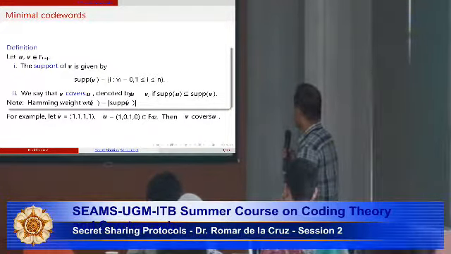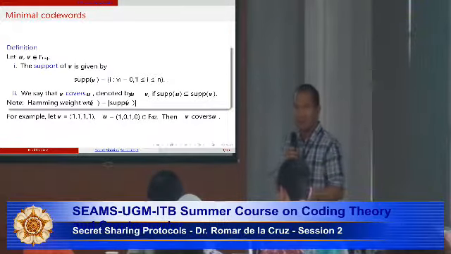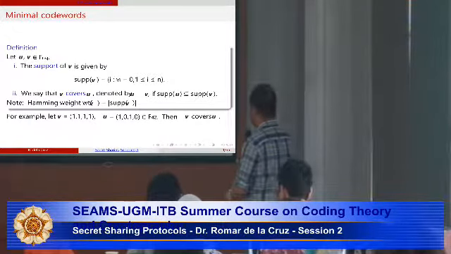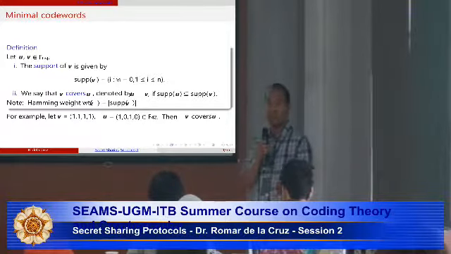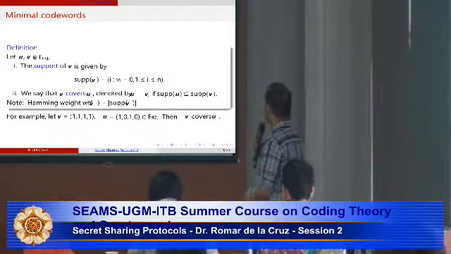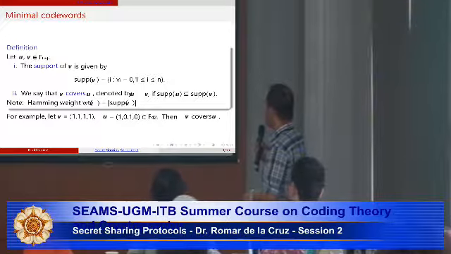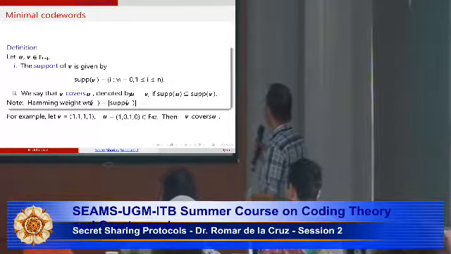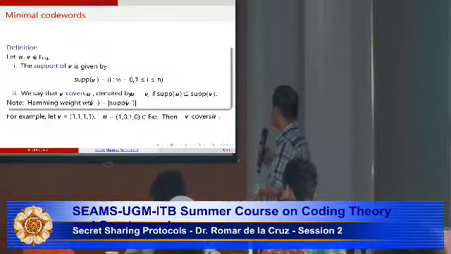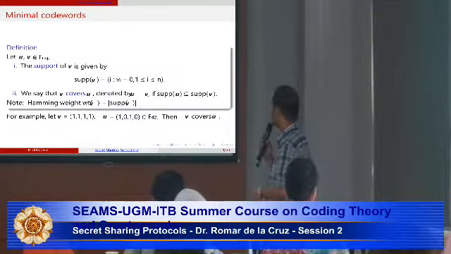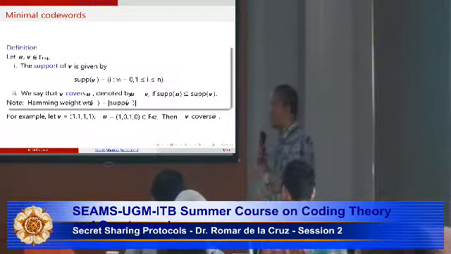If you recall, the Hamming weight of a vector is the cardinality of the support of the vector. And then we say that a vector v covers a vector u if we have this property: the support of u is contained in the support of v.